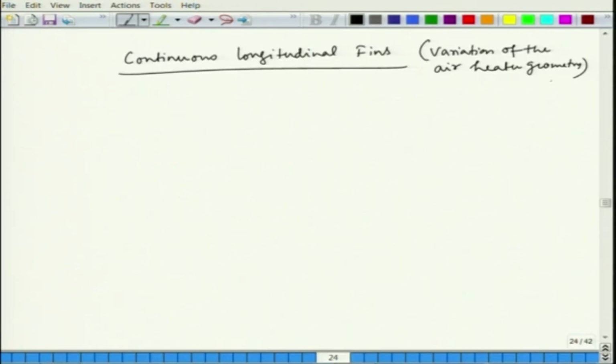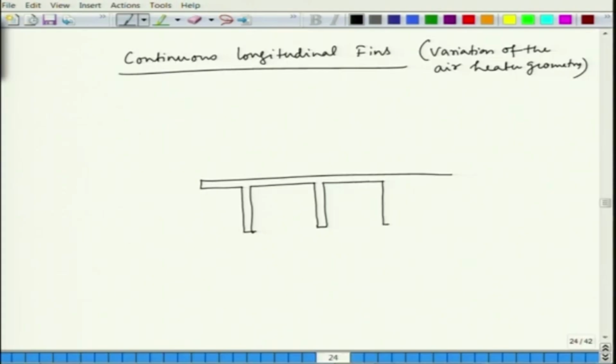You can think of this absorber plate. Okay. Now, instead of a flat plate, we are having a few fins which protrude into the airstream, of equal length and at equal distance. Okay. So, this way it is going on. Okay.